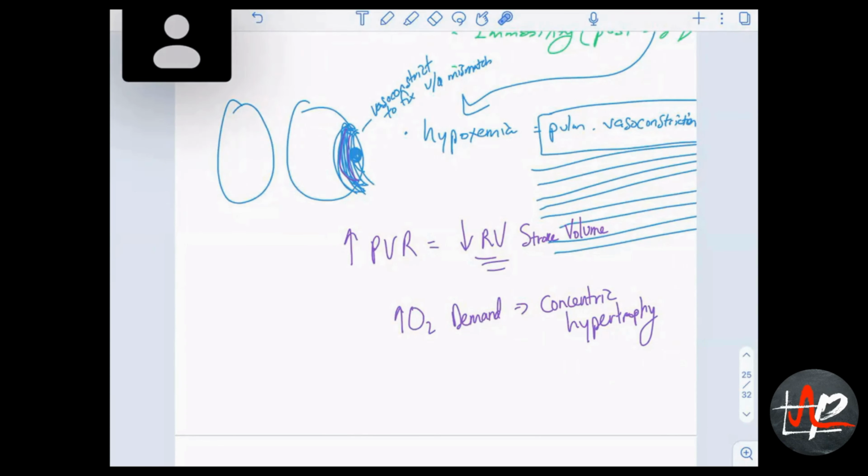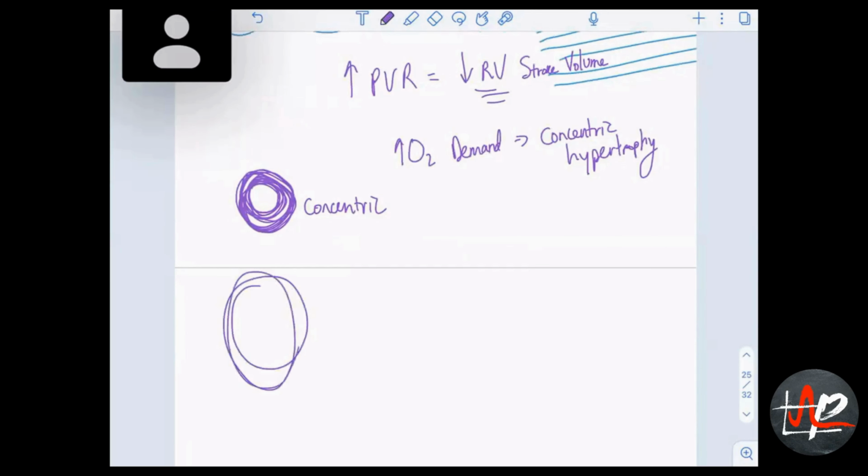Eccentric hypertrophy is usually from a dilation or overflow of volume. So think of the eccentric like stretching it out like a rubber band. So concentric hypertrophy of the heart looks like this. So that's concentric. Whereas eccentric would be like stretching it out like a rubber band.